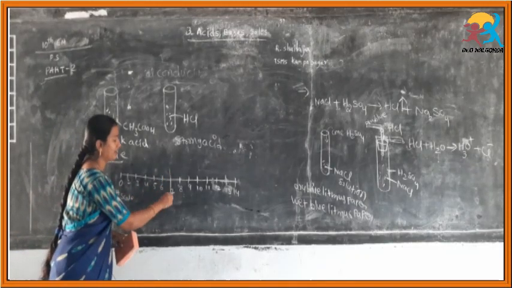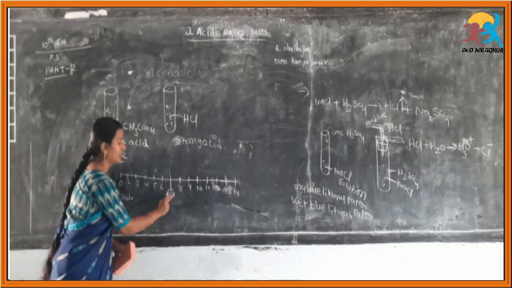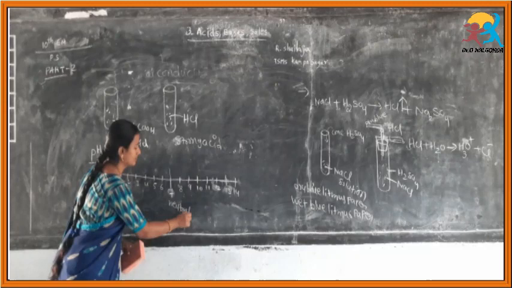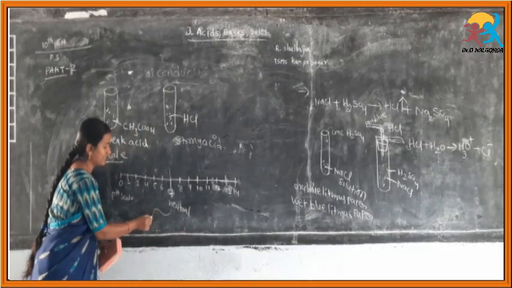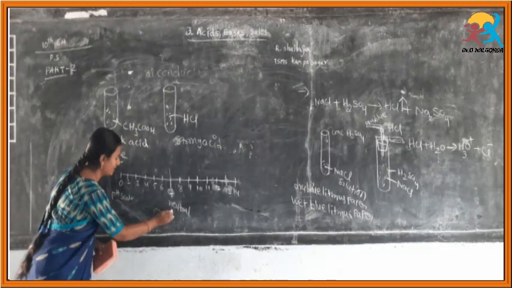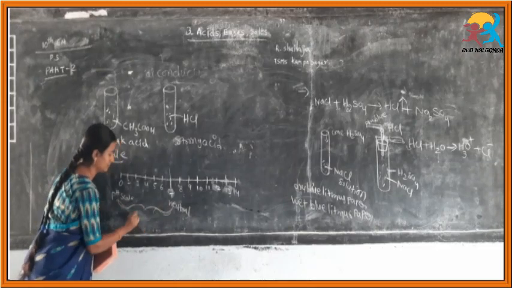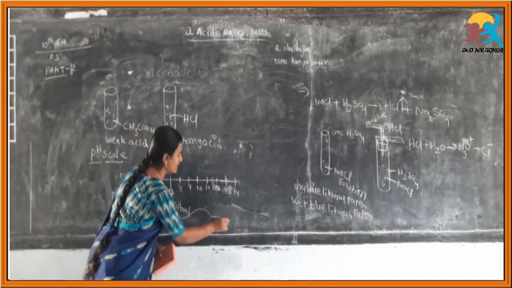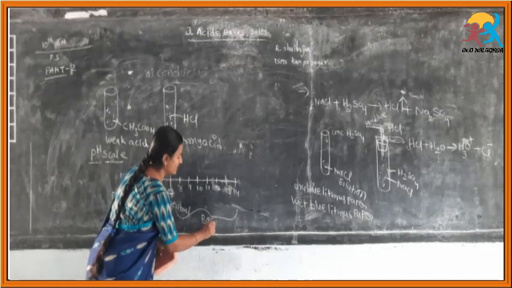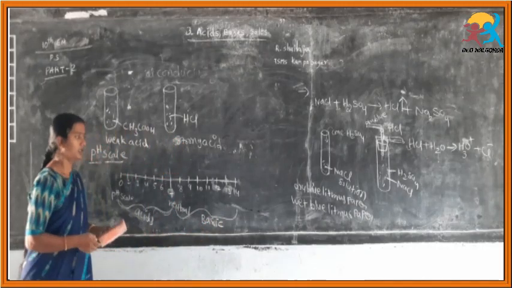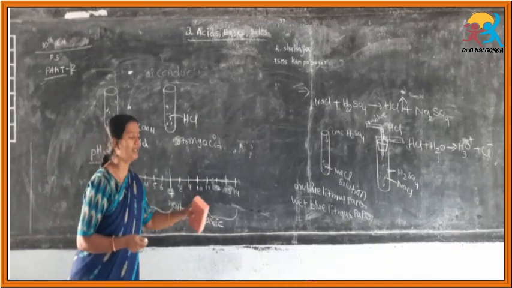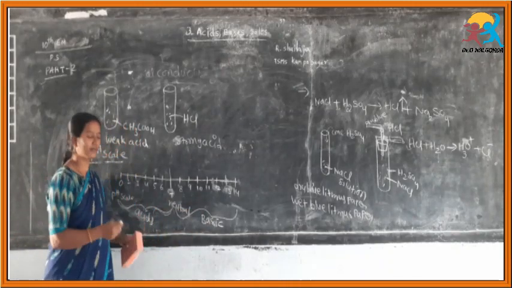At 7, the pH value is considered neutral. Less than 7 is considered acidic substances, and greater than 7 is considered basic substances.